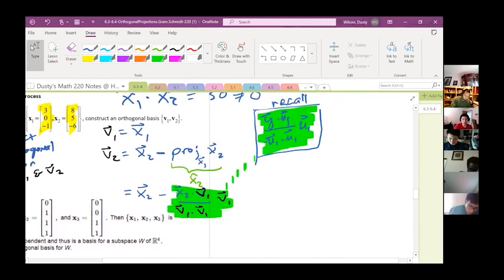We're saying that x1, or v1, is equal to x1, 3, 0, negative 1.